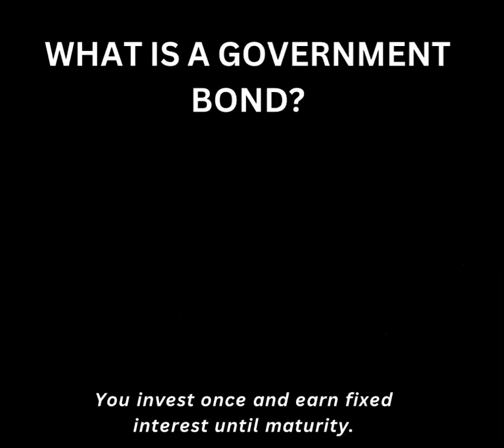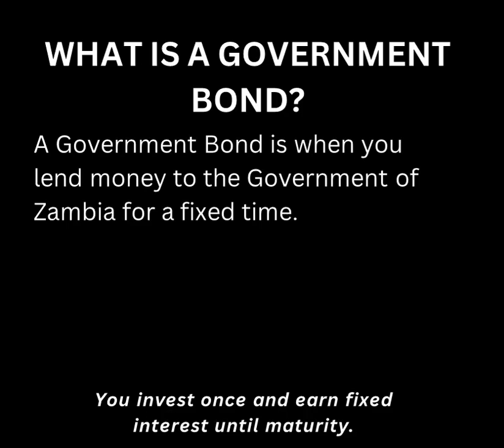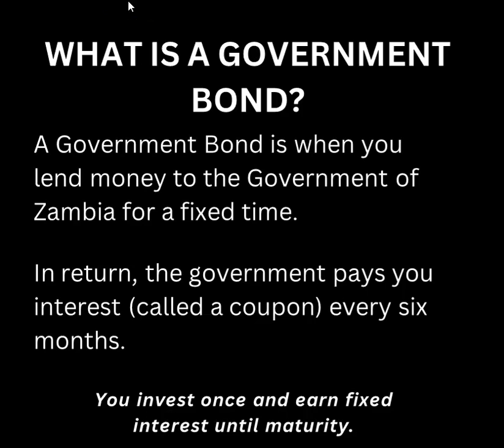What is a government bond? A government bond is when you lend money to the government for a fixed period of time. You can invest your money for 2 years, 3 years, 5 years, 7 years, 10 years, and 15 years. You invest in government bonds because you want to be getting a fixed income. This is the key word, fixed income. When you lend your money to the government, it is going to pay you interest.